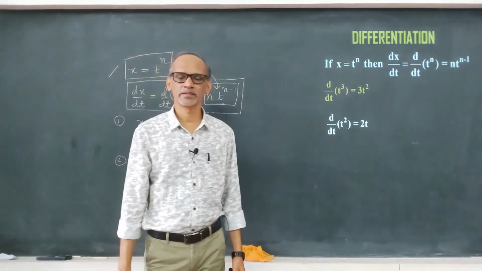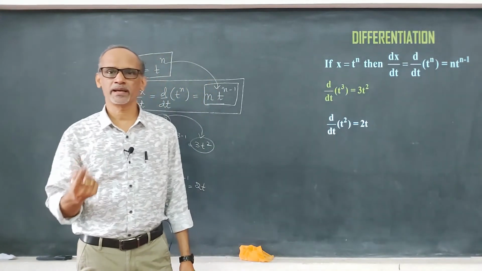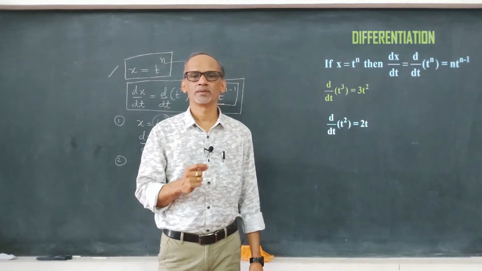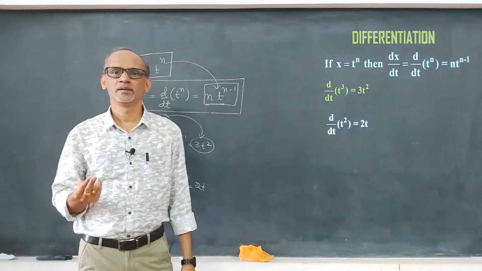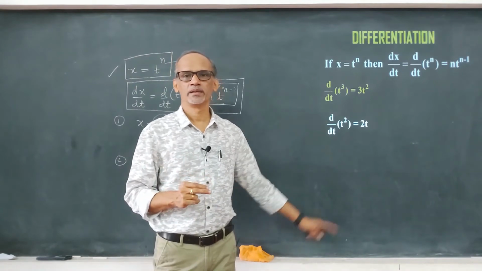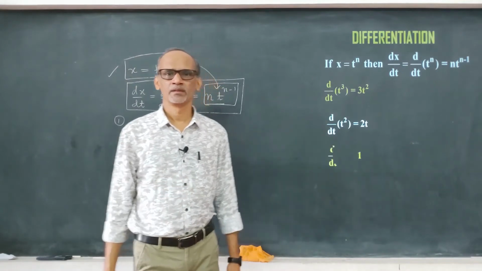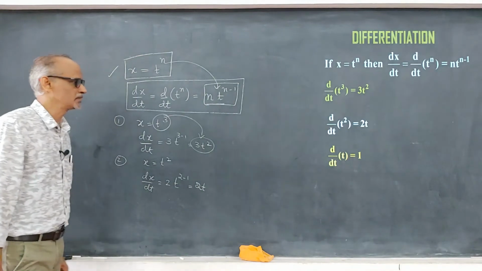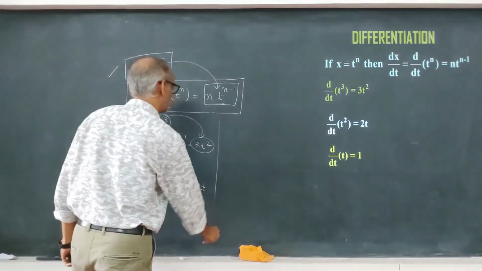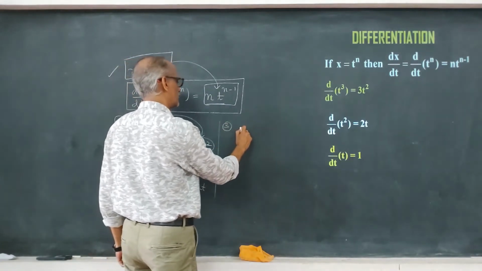Are you following, students? So what is the differentiation of t to the power n? n into t to the power n minus 1. What is the differentiation of t cube? 3t square. What is the differentiation of t square? It's 2t. So let's see some more. What is the differentiation of now t? So the third one, what is the differentiation of t?